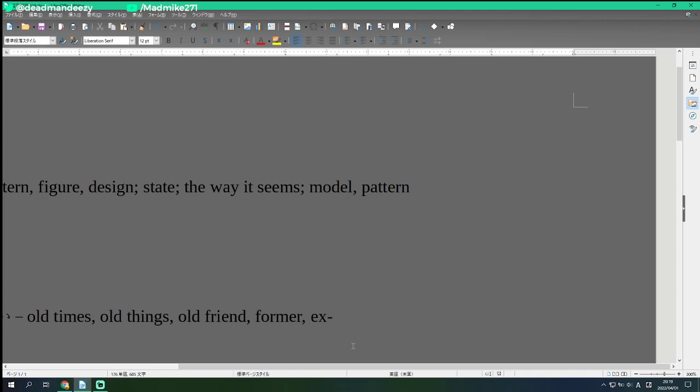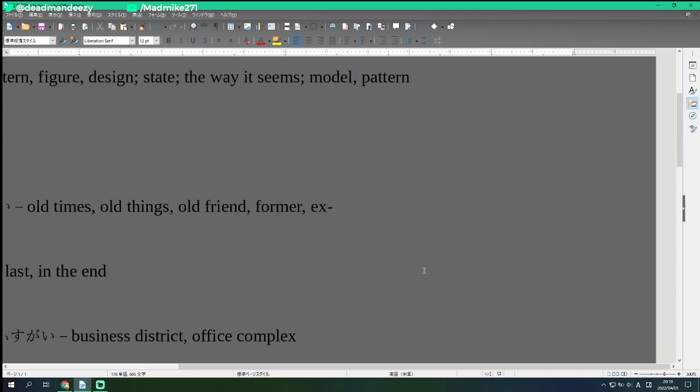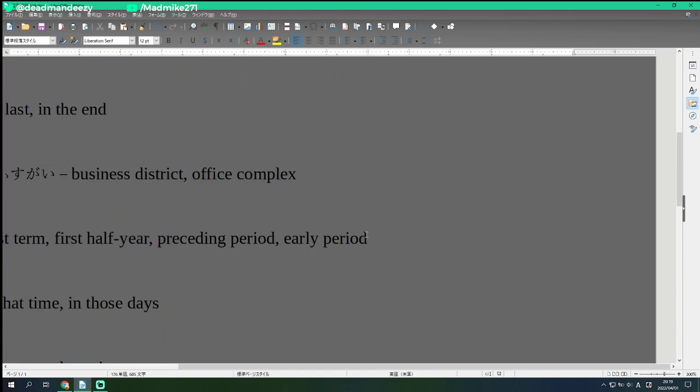Rentaru is a rental. Old times, old things, and old friends or former is furui, or kyu, with one day before, or kanji kyu. At last, or in the end, is tsuini, an adverb, kind of a prepositional phrase like tsuini.